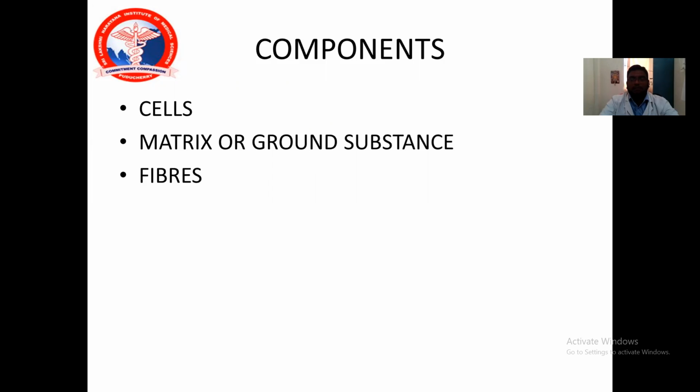These cells develop from mesenchymal tissue: mesenchymal tissue gives rise to chondroblasts, which get converted into chondrocytes. These cells are helpful in the formation as well as the maintenance of the cartilage.